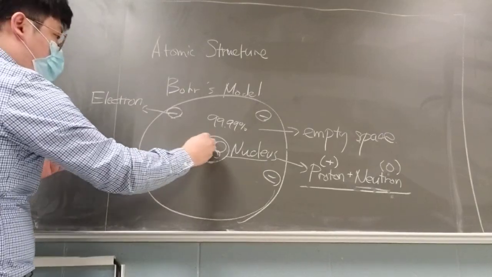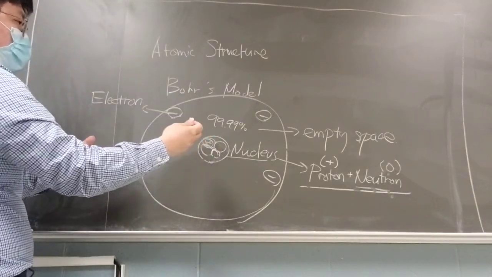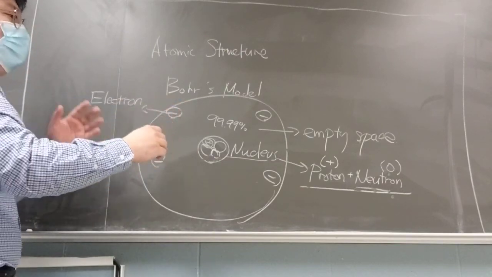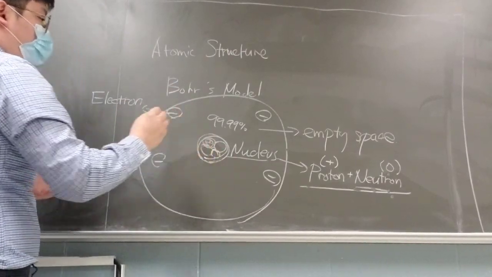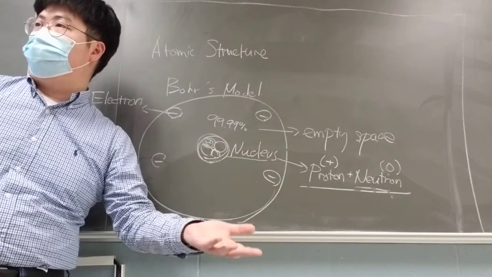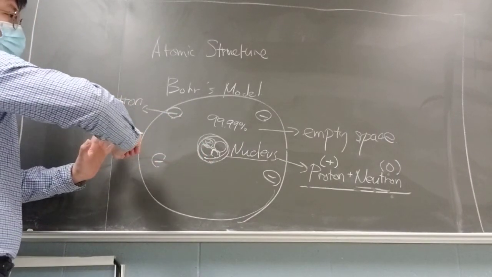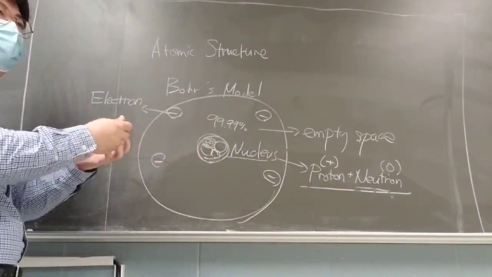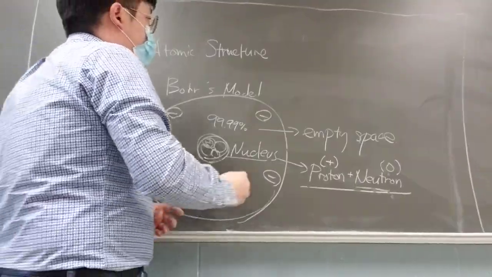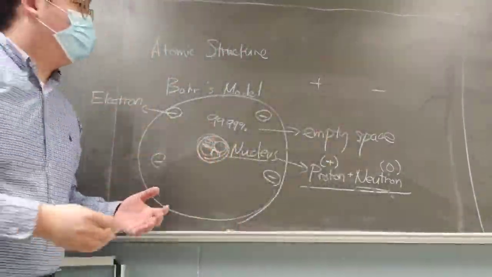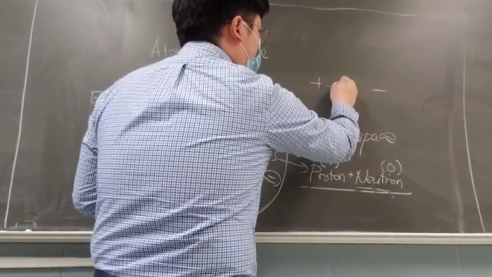So you have some particles that are positive and some that are neutral, but at the center you have a really dense material that shows positive charge. To make this atom more stable, it has to be neutral. If you think about electrical charge in a space, you know what happens to opposite charges, right?